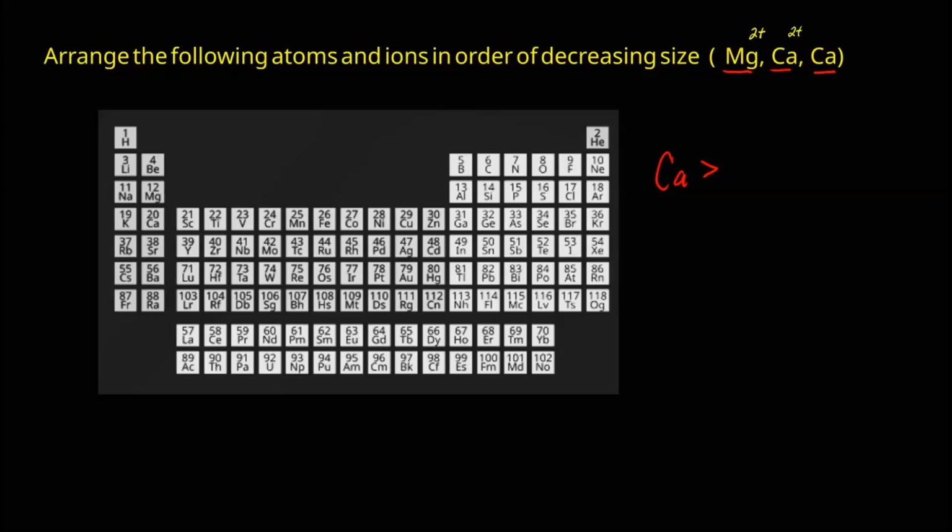Now I have to pick between the other two. Notice now that magnesium is here and calcium is here. So calcium is larger because it's further down. So I know then that the calcium ion will be larger than the magnesium ion.